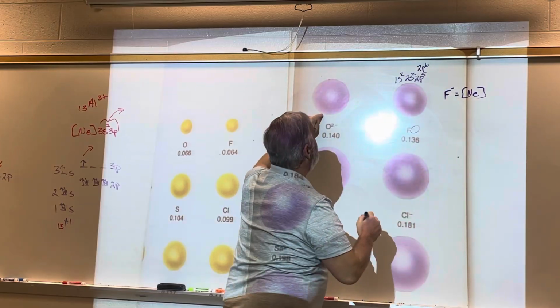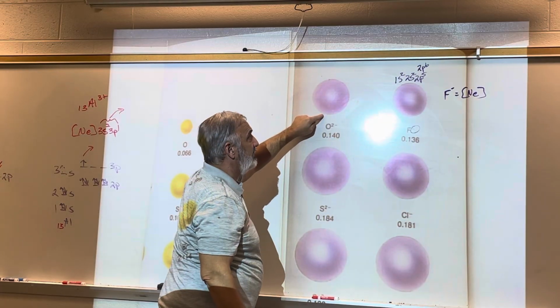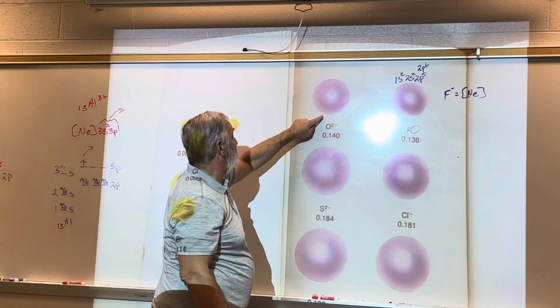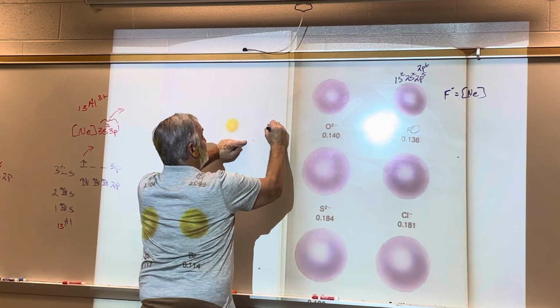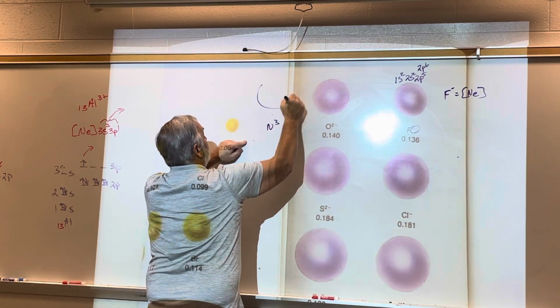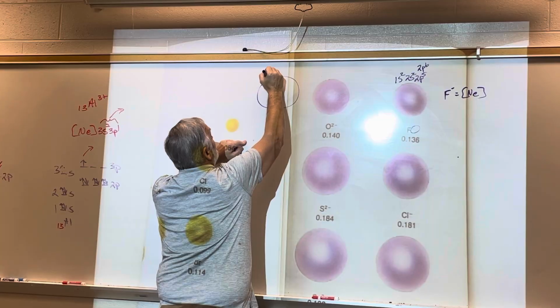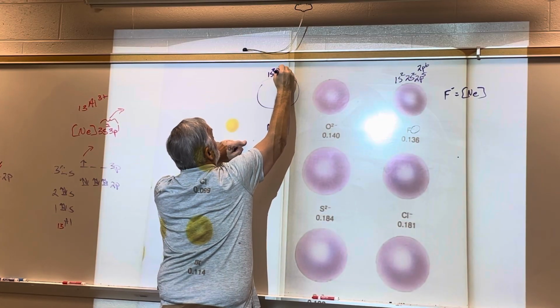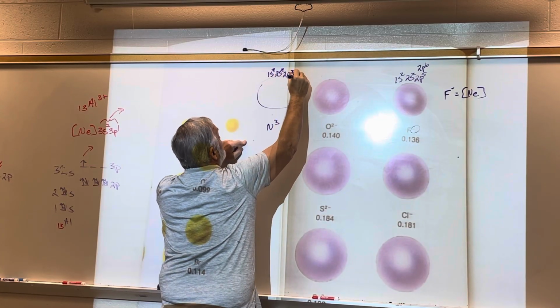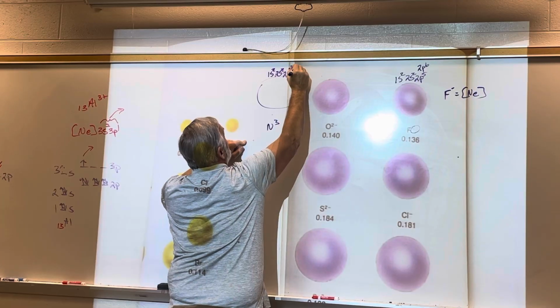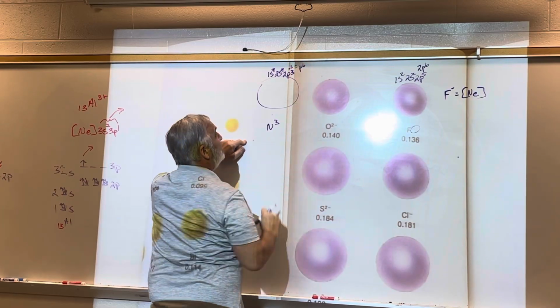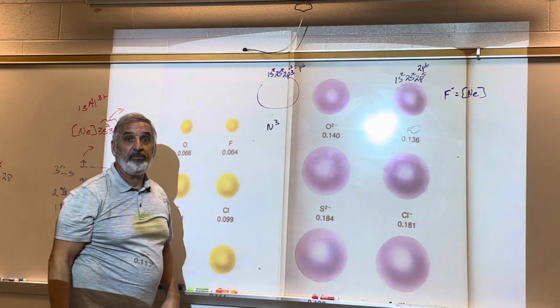Well, what about O2 minus? Same thing. What about if it's N3 minus here? Same thing. Now it's going to be 1s2, 2s2, 2p3, but it's going to gain 3, so it's going to be p6. So they're going to have 10, right?